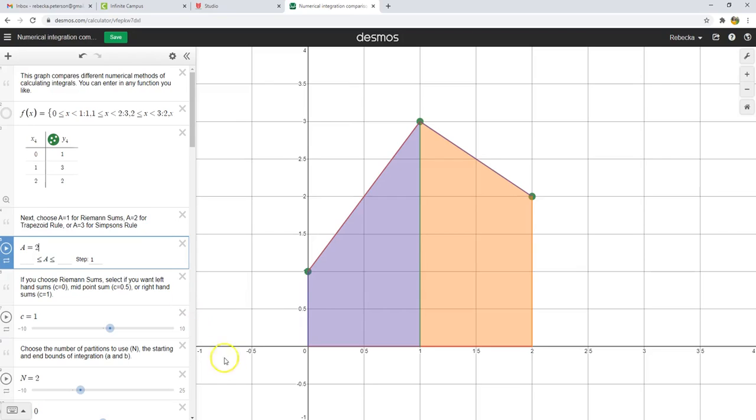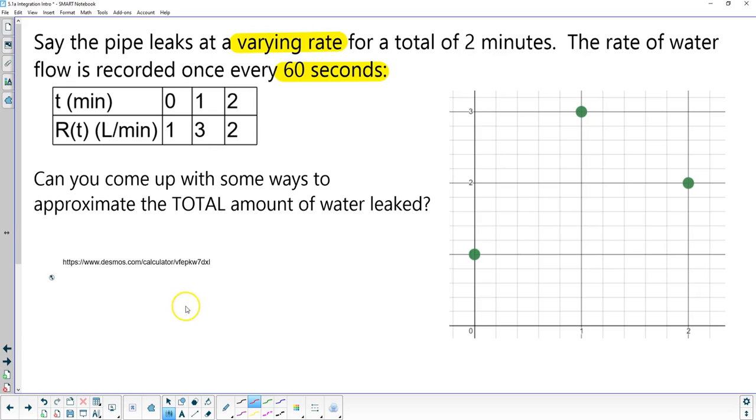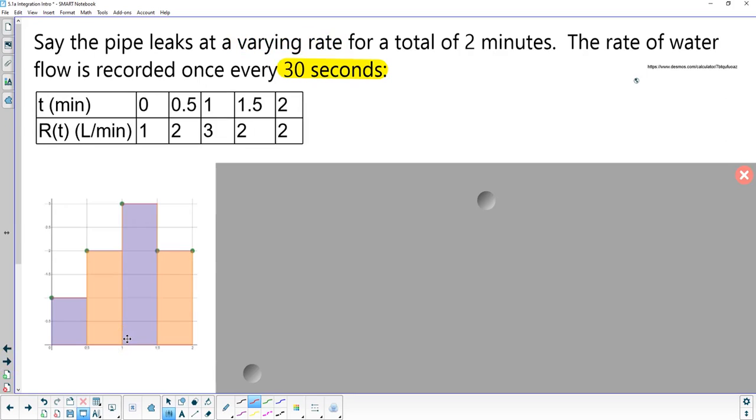So the thing is, though, these are still all approximations because we only got 3 snapshots in time, right? Does that make sense? We only took 3 time intervals. We don't know what's going on in between. So for what we're given, I'd say this is our best method. But to get even better, I would need more snapshots. Do you agree with that?